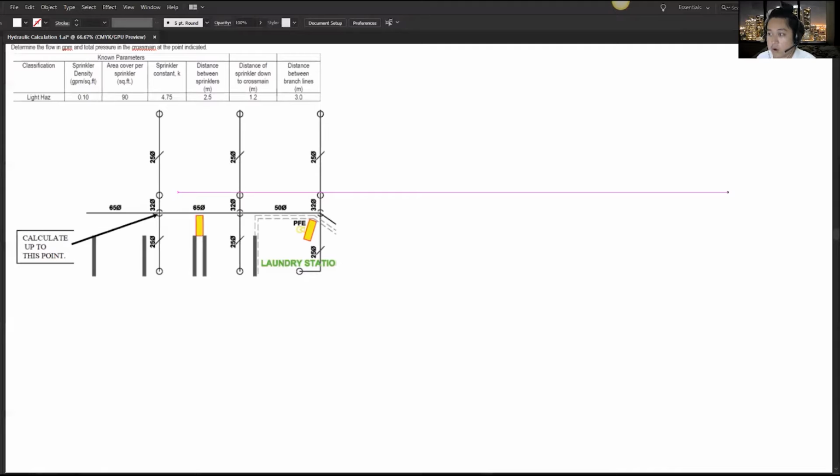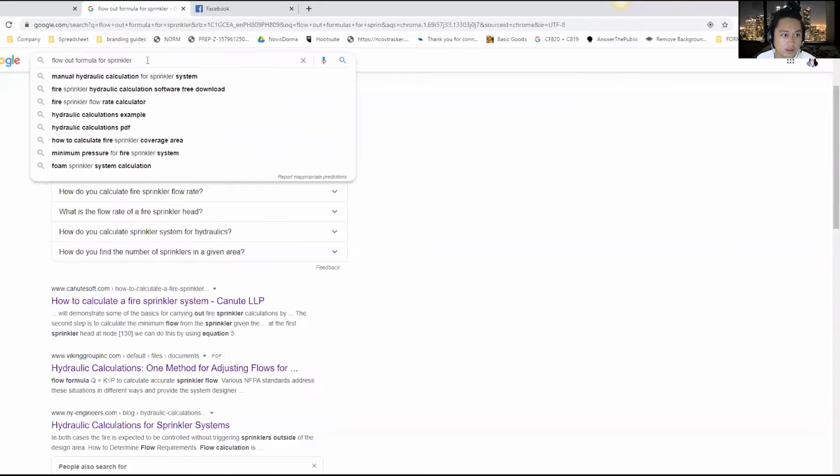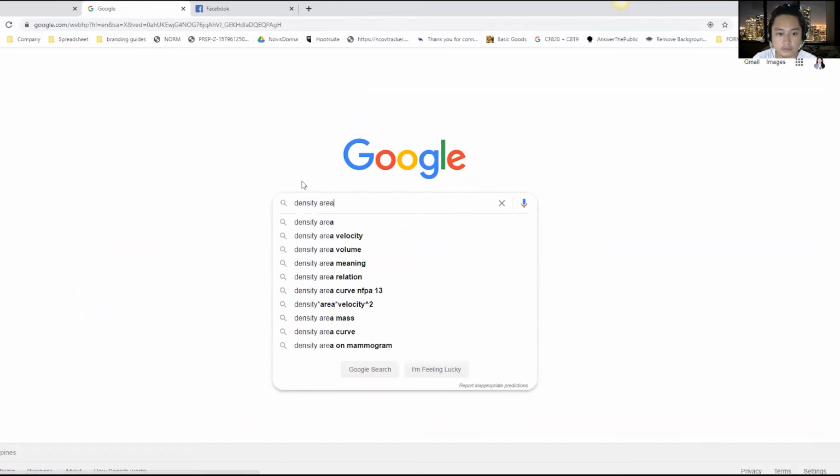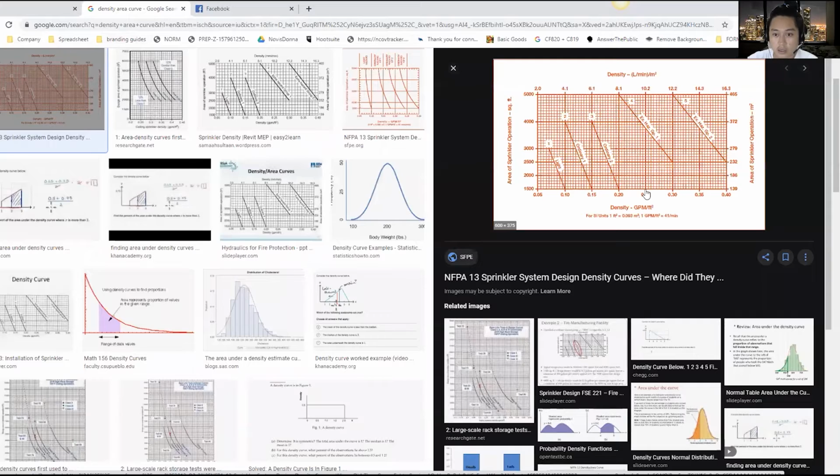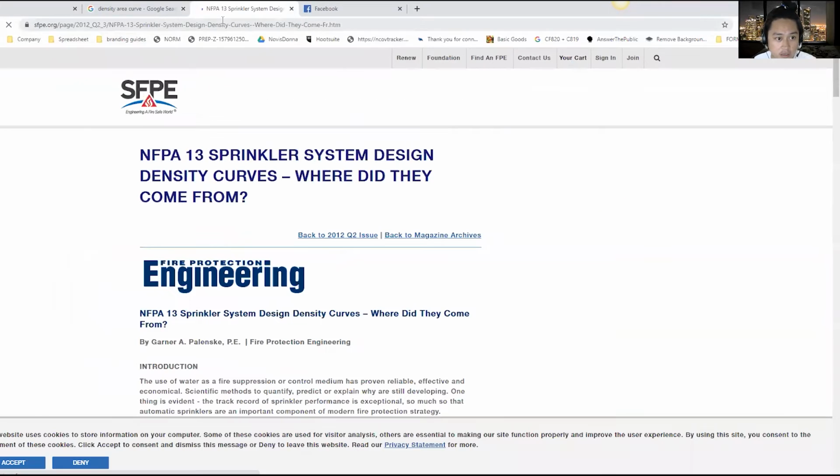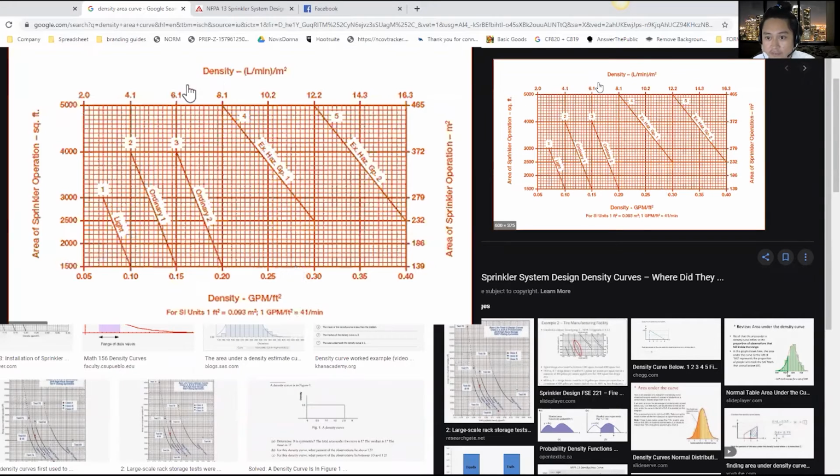What you need to do first is take a look at the density area curve. I think you can just Google it. If you've noticed, you've got the density in gallons per minute.